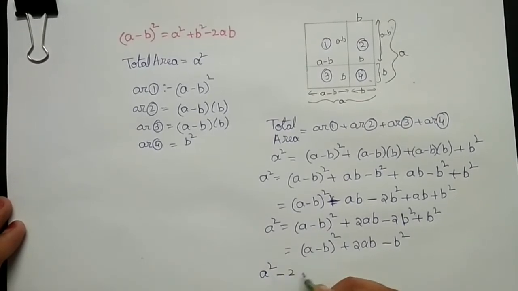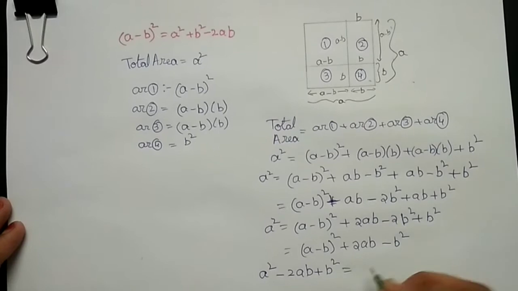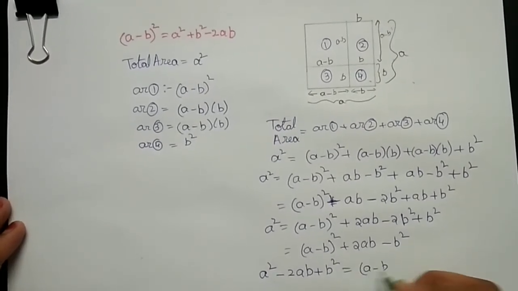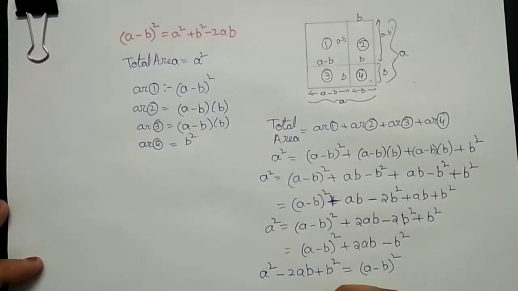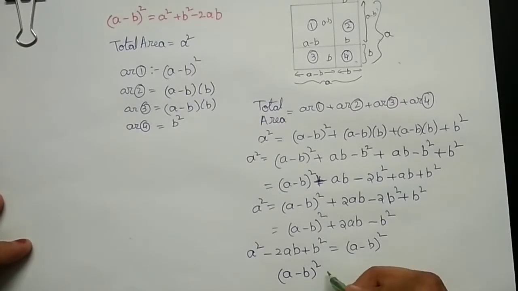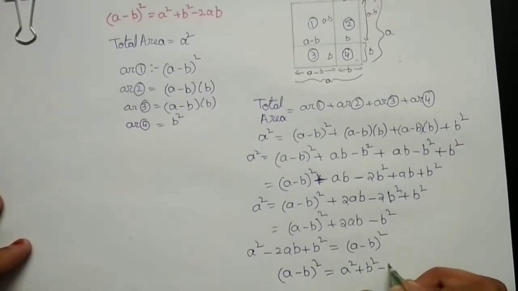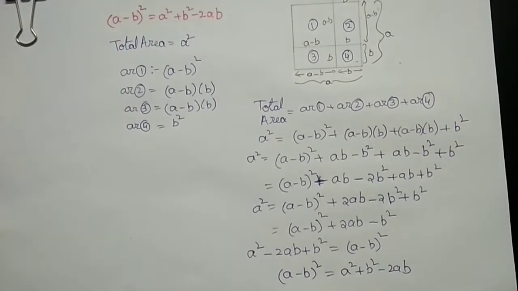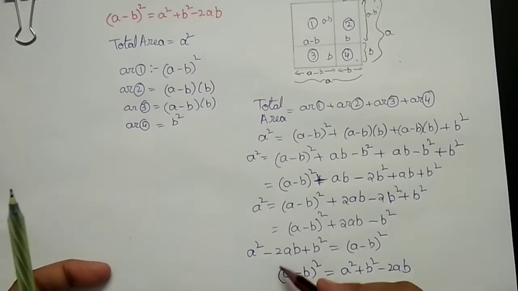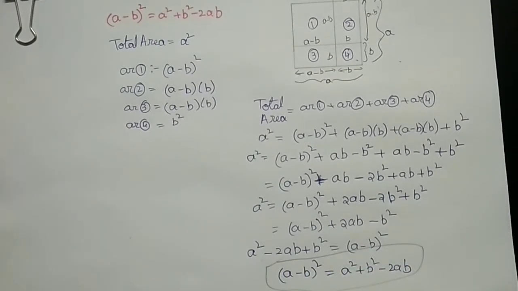That will be A square minus 2AB plus B square equals (A minus B) whole square. Let's write it down properly. Then I get (A minus B) whole square equals A square plus B square minus 2AB. So we got LHS equals RHS, hence proved.